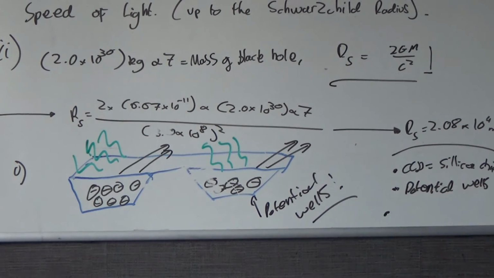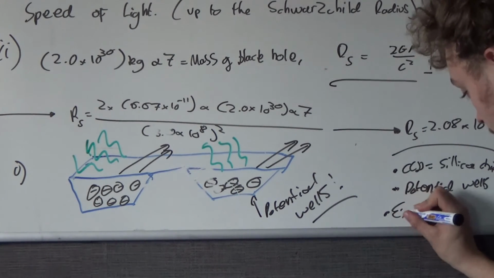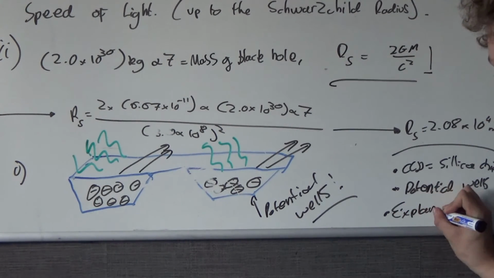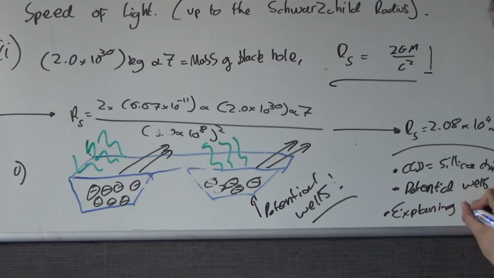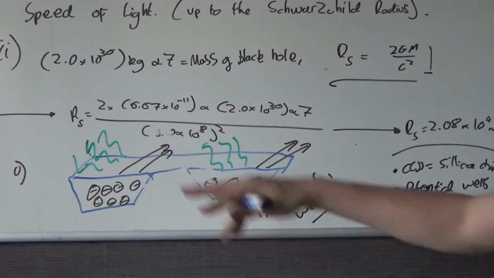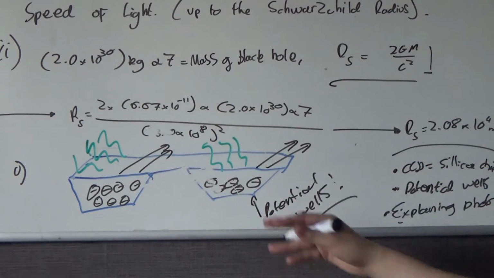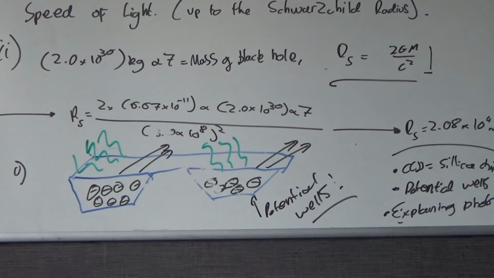That's your second point. Your third point is explaining the photoelectric effect: the electrons gain energy from the incident photons, which overcomes the work function, and they are emitted from the surface of the CCD, leaving a pattern on the CCD.